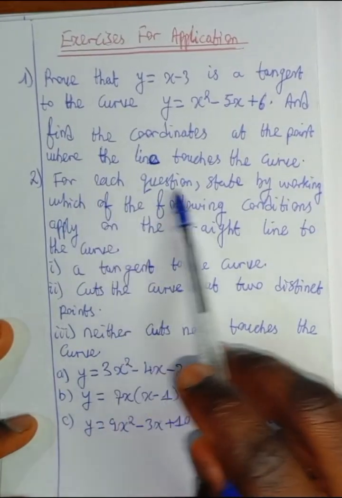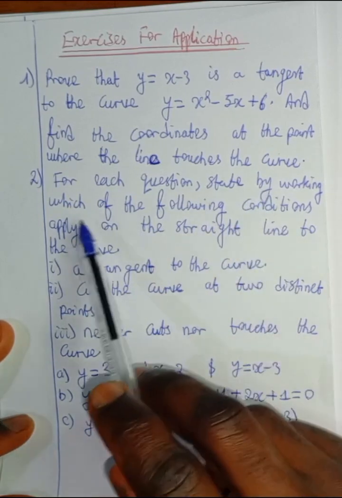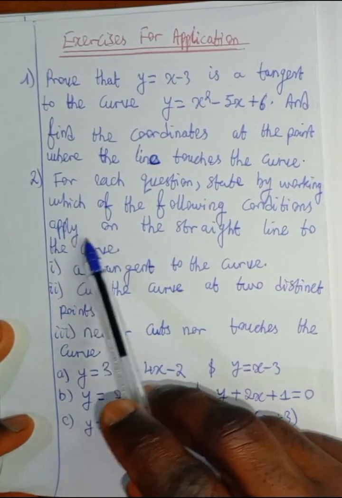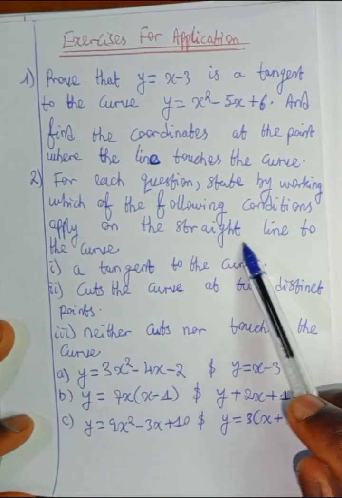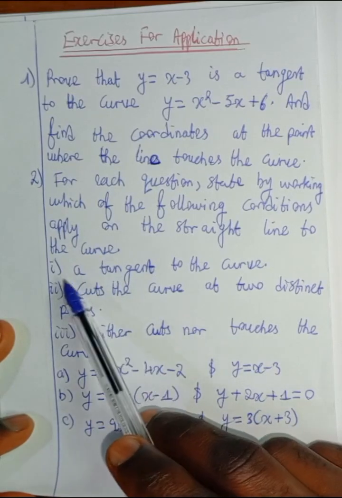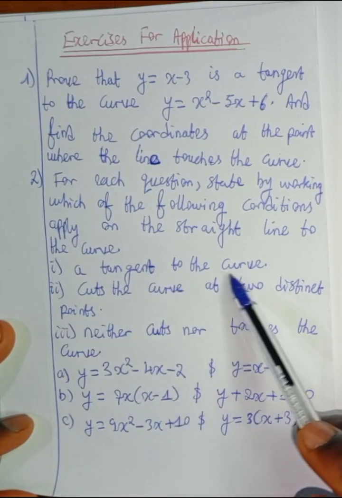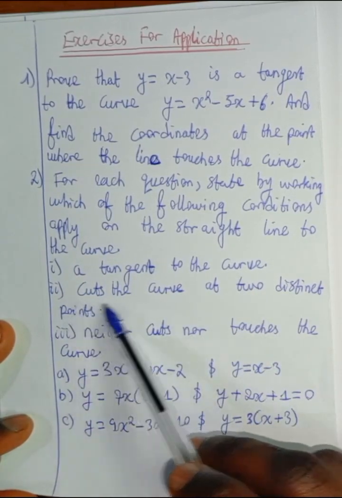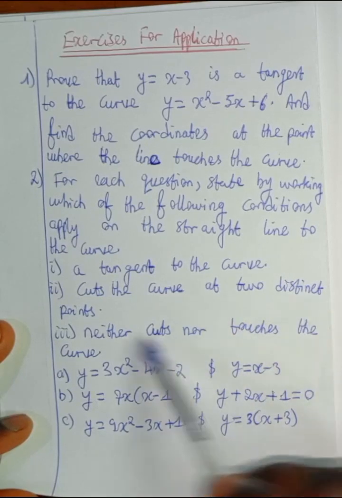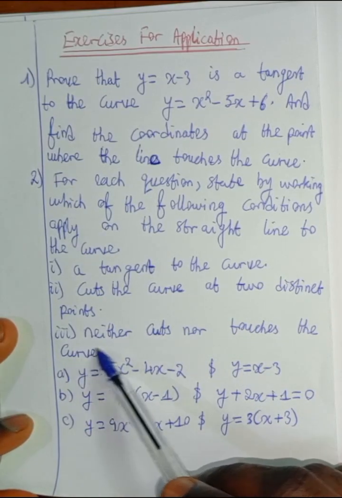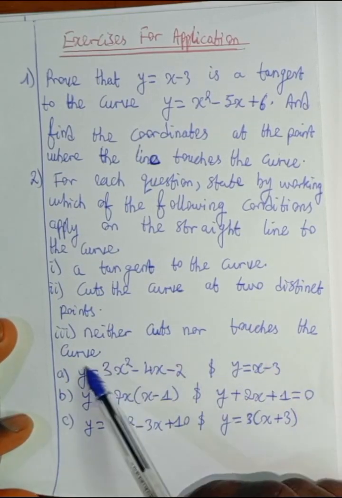Question 2 says, for each question, state by working which of the following conditions apply to the straight line and the curve. 1, the line is a tangent to the curve. 2, it cuts the curve at two distinct points. 3, it neither cuts nor touches the curve.